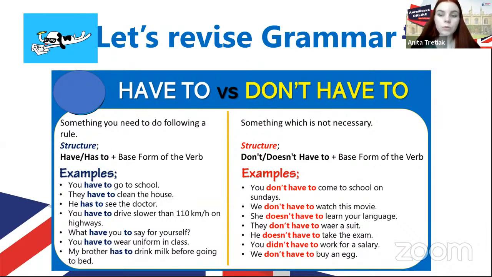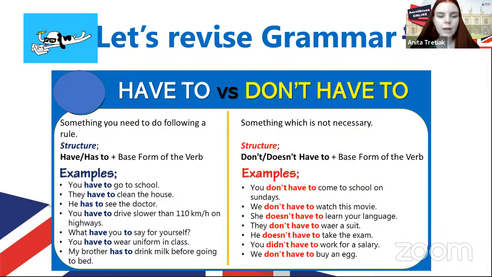And you use have to because you've got the word you. Then, what do you have to say for yourself? That's a question. Again, the word you. Then, you have to wear uniform in class. That's a rule for people who study at school.